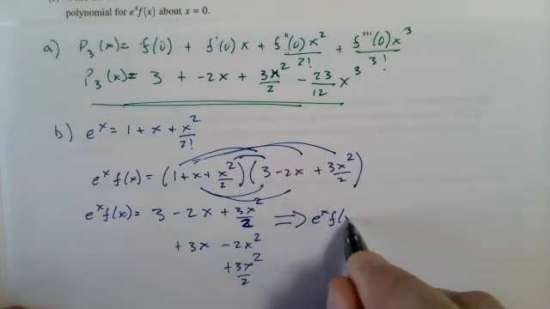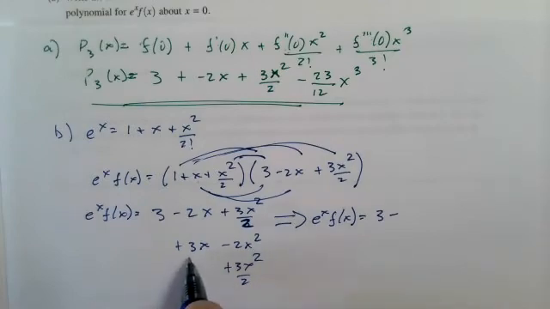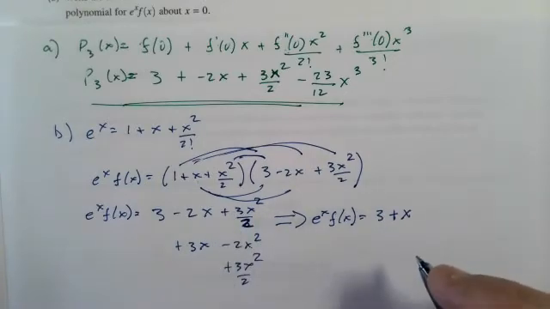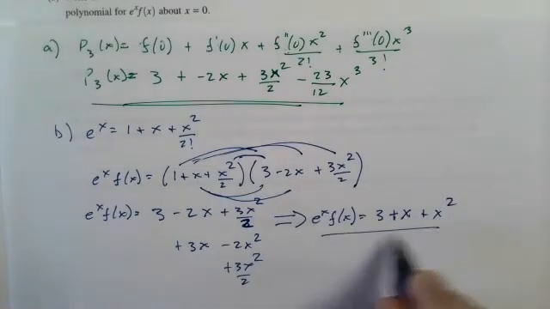E to the x, f of x equals 3 plus x. This is 1.5 plus 1.5 is 3 minus 2 is plus x squared, which I feel is wrong. I got to think this one through for a second. Yes, plus x squared.